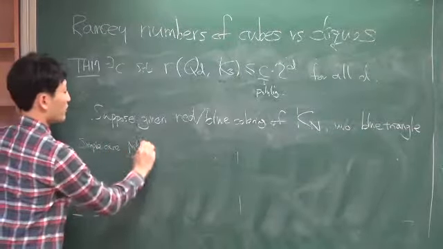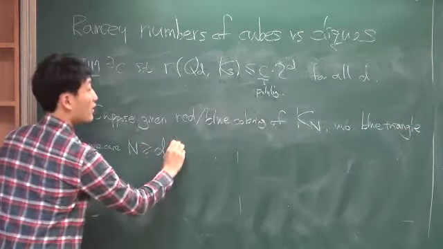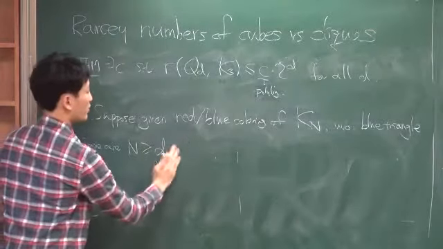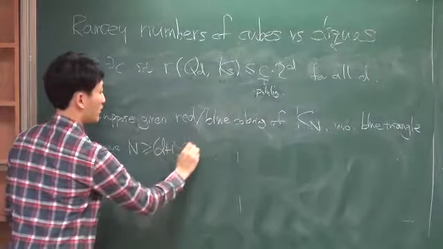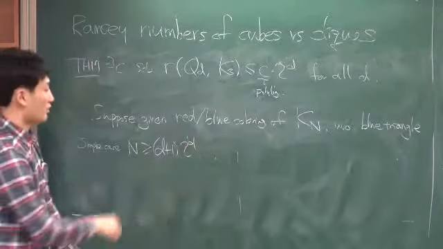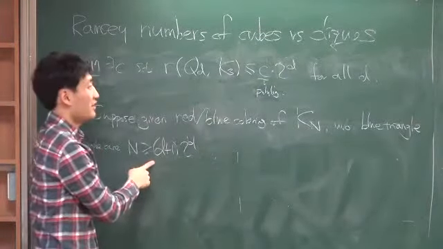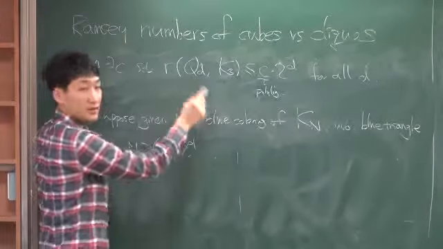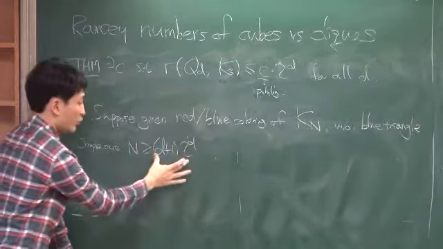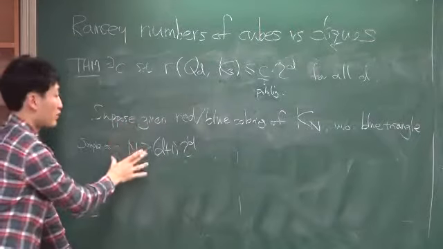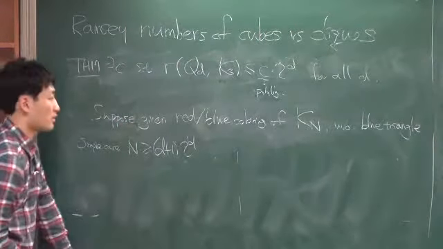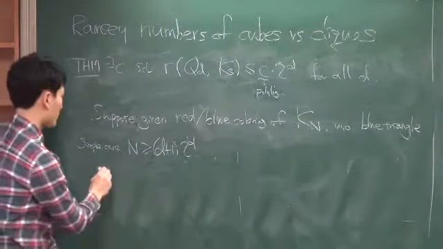If the number of vertices is already greater than d times 2 to the d, or d plus 1 times 2 to the d. So this is not a constant, even though this is c and this is d. D is not a constant. D is growing. C is a constant. So this is a weaker bound than that, but still this will be a very, very simple case. And what we can do is the following.